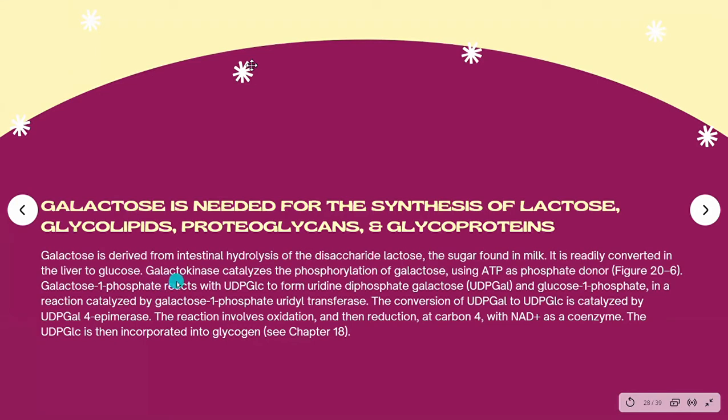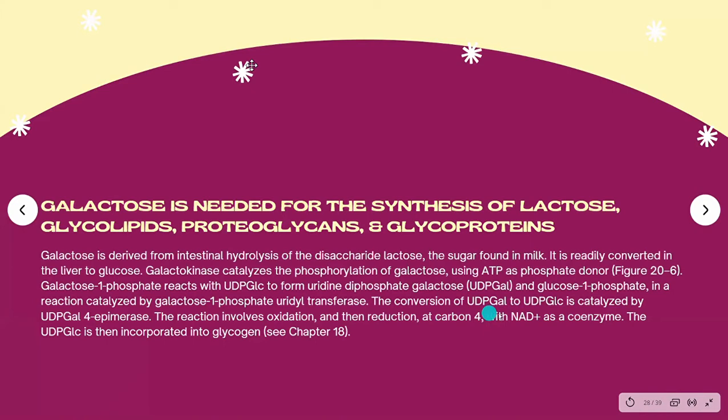Then it has a specific enzyme for phosphorylation of galactose. We have galactokinase to produce galactose 1-phosphate, which reacts with UDP glucose to form uridine diphosphate galactose, UDP galactose, and glucose 1-phosphate. Reaction catalyzed by galactose 1-phosphate uridyl transferase. Okay.